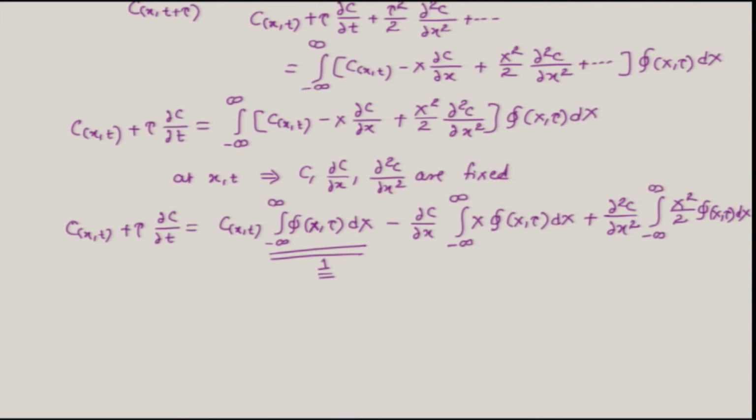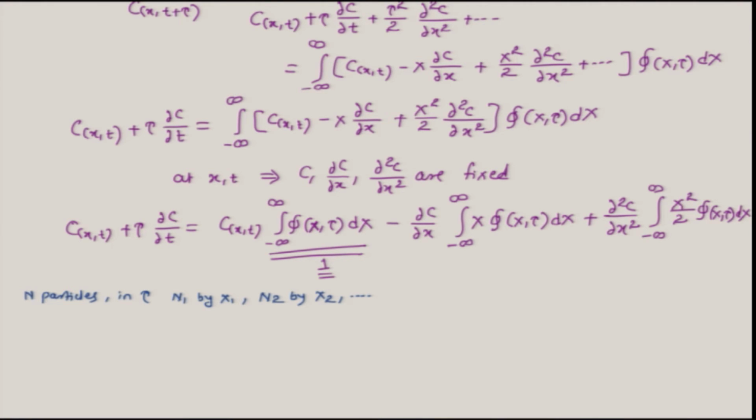So, let us consider n particles. So, in time interval tau, let us say out of n, n1 have increased their x coordinate by x1, n2 have increased their x coordinate by x2, and so on.